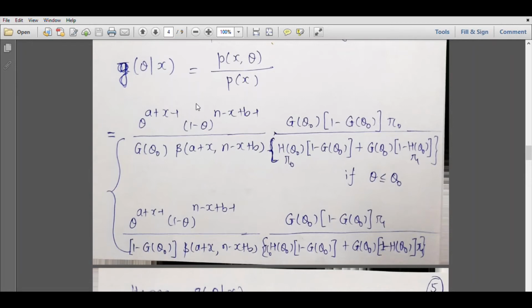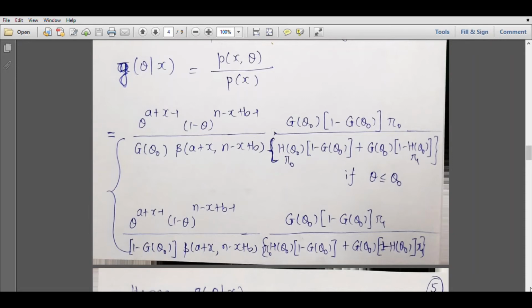Now notice that if you focus only on these two terms divided by this beta function, then this is a PDF of beta distribution with parameters a plus x and n minus x plus b. So we can simplify this posterior distribution by replacing this by h theta, where capital H denotes the CDF of the same beta distribution, so small h will denote the PDF of the same beta.